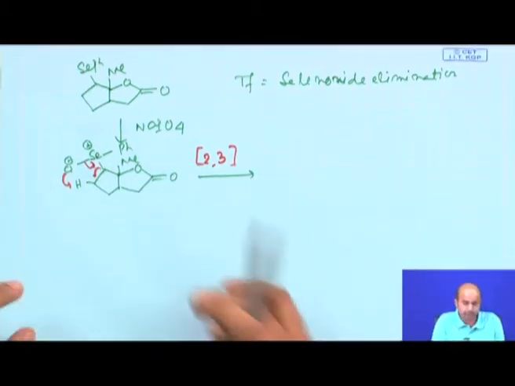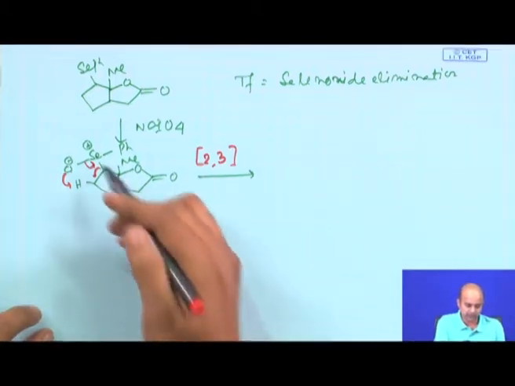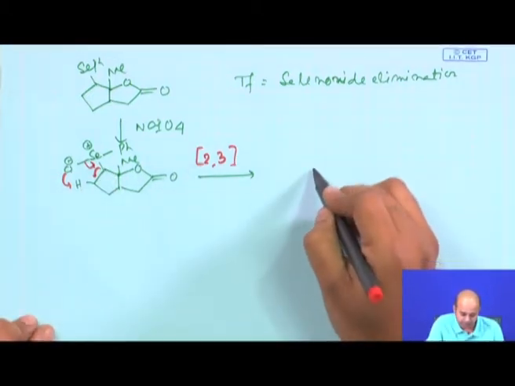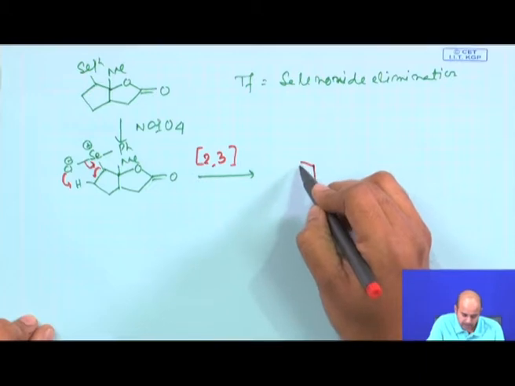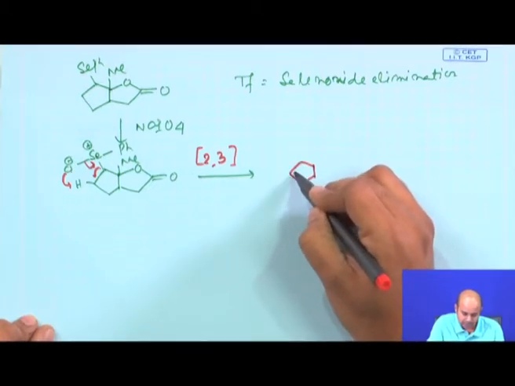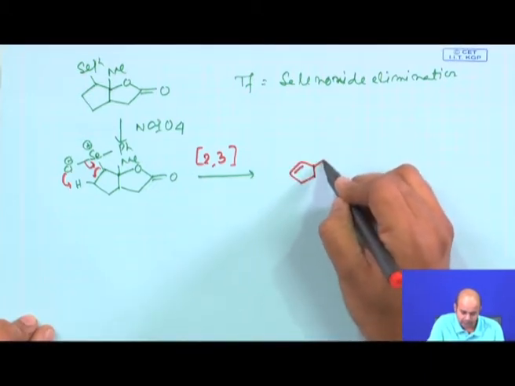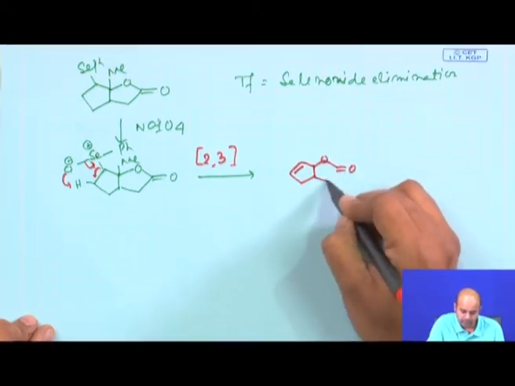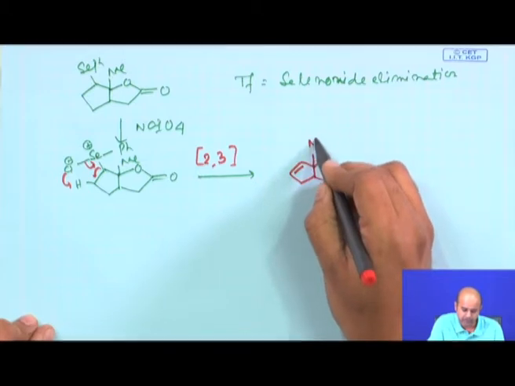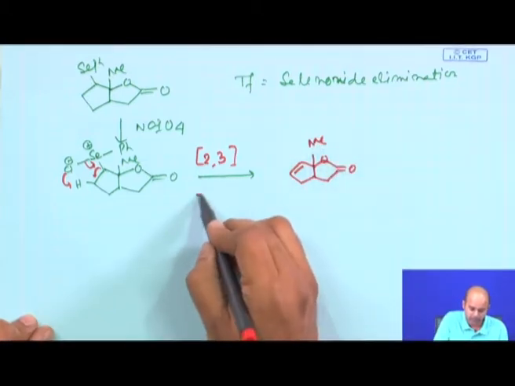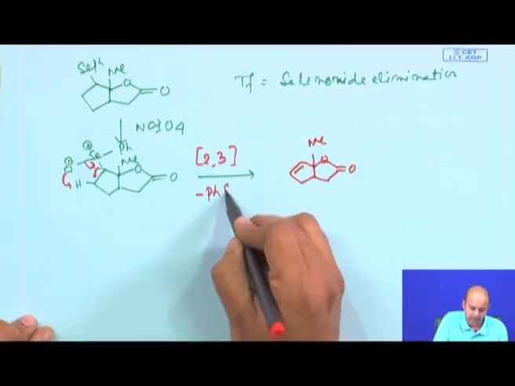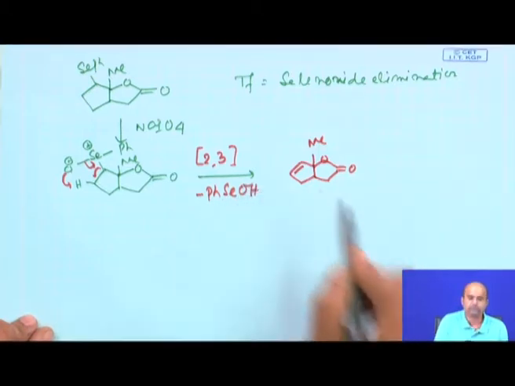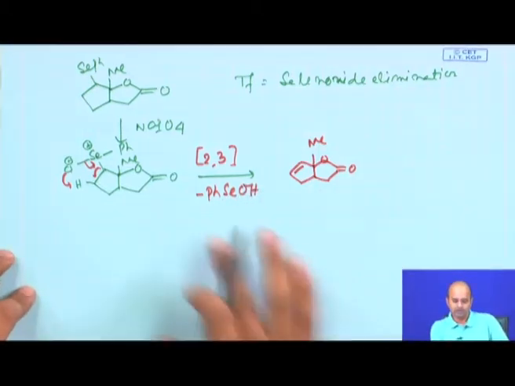Normally this goes through a cyclic transition state, and after the reaction takes place, you basically get the O, this methyl, and the final product, which will be eliminated as phenyl selenol, phenylselenenic acid actually.